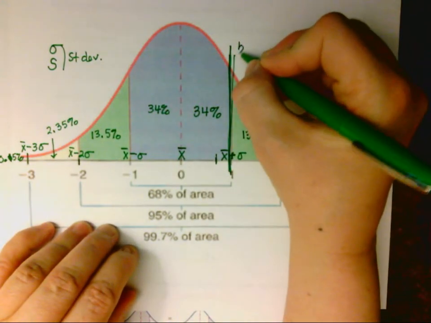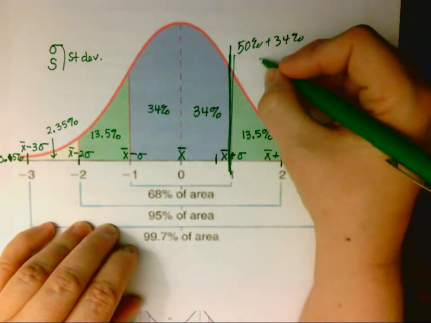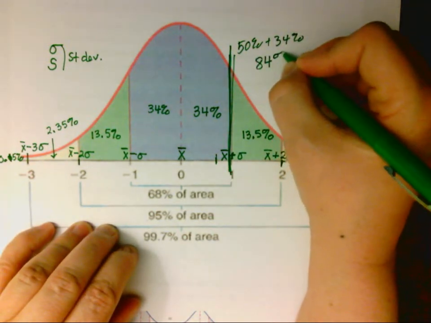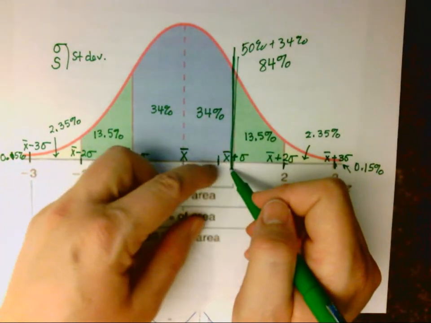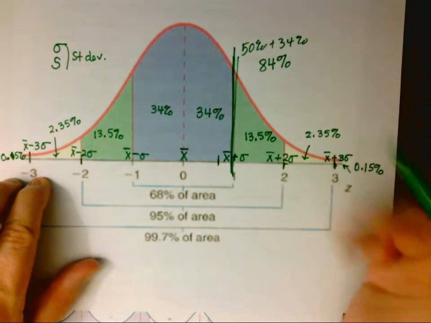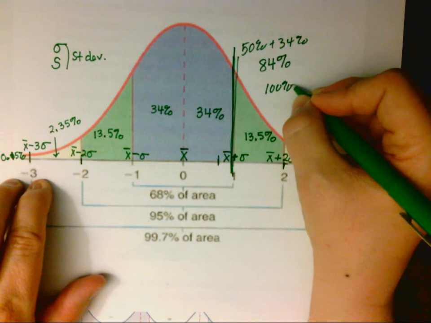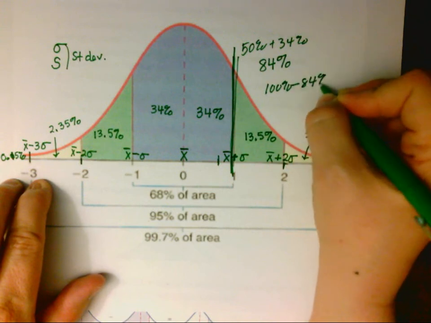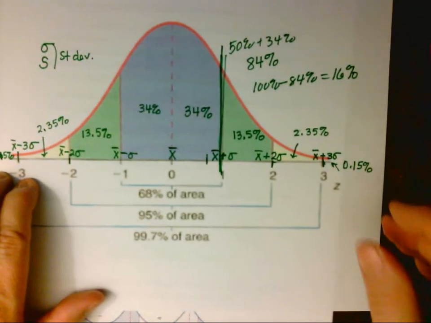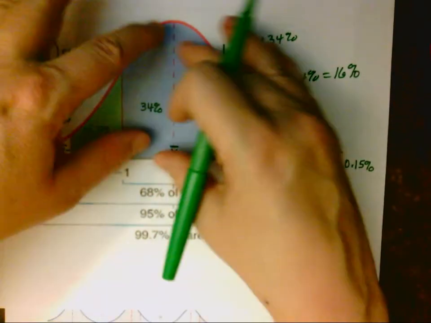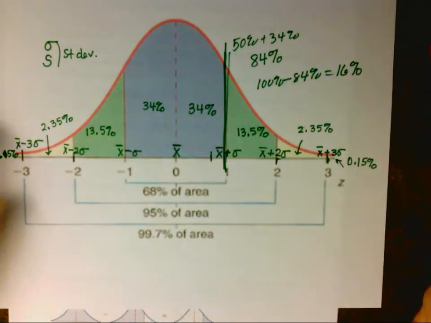So if you landed here, 50% plus 34%, you could say your IQ was at the 84th percentile. 84% of people have an IQ lower than you. Okay? And what percentage would have an IQ higher than you? 100 minus 84%. 16% would have IQ higher than you, okay? And we did that by simply knowing that this distribution adds up to 100 and using these nice cutoffs.